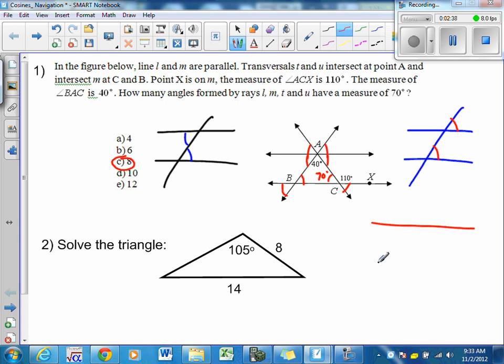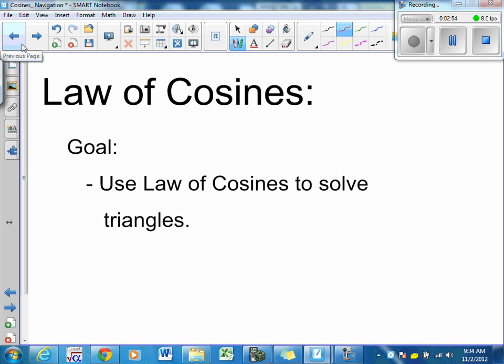And this idea of vertical angles are equal. All those rules we need to be able to use. Now, solve a triangle, that's law of sines. I'm not going to go through that example here today. We want to look at law of cosines.